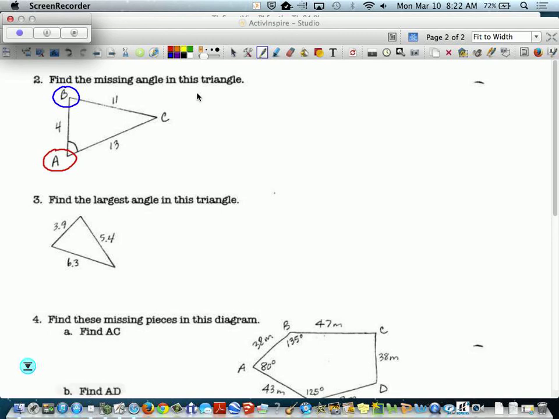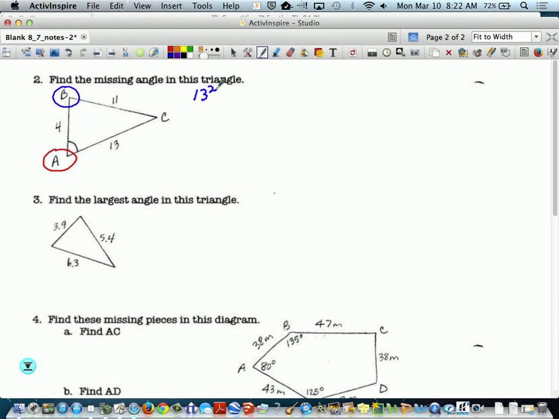So to find angle B, 13 squared equals 11 squared plus 4 squared minus 2 times 11 times 4 times cosine of, let's call it angle B. When you are doing the law of cosines, I know a lot of you are going right to the calculator.